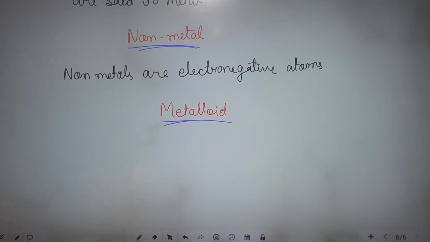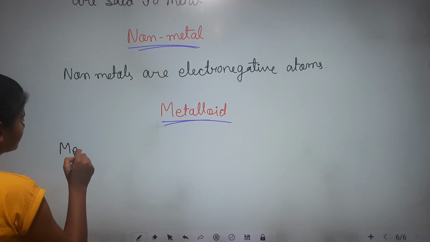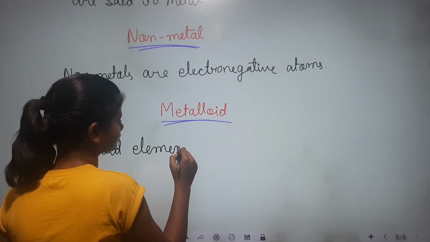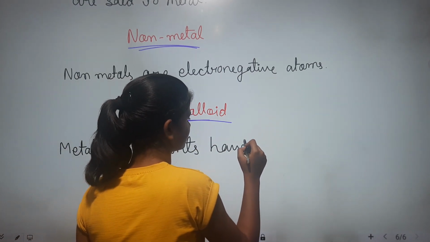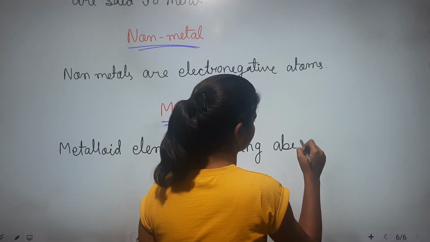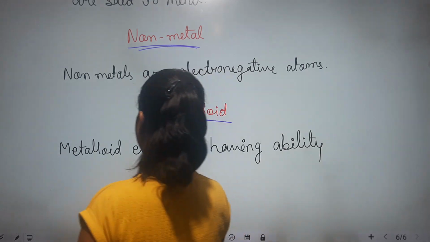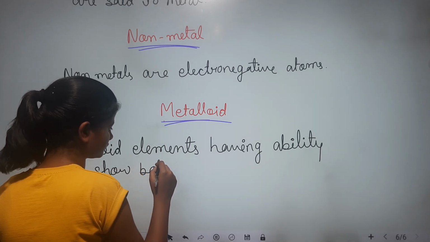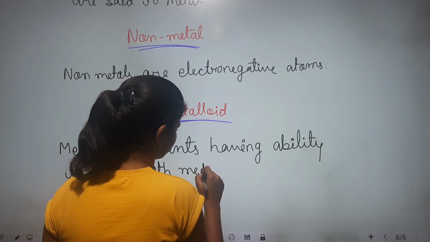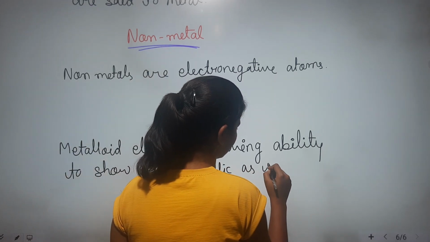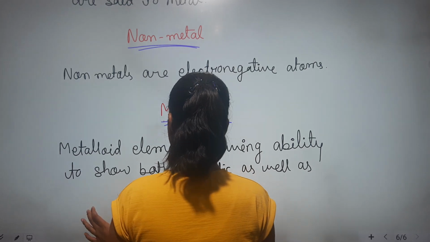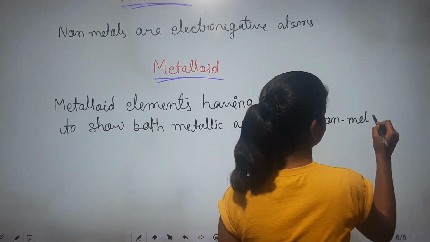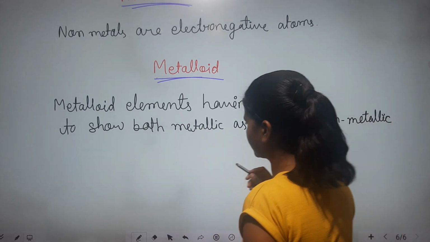Let's see the definition of metalloid. Metalloid elements have the ability to show both metallic as well as non-metallic characters.